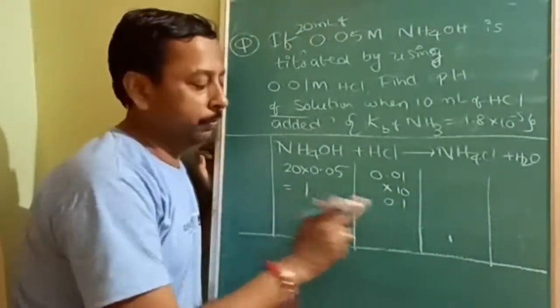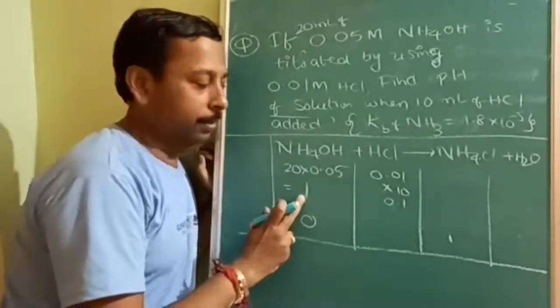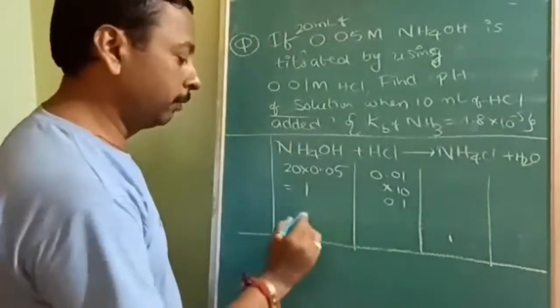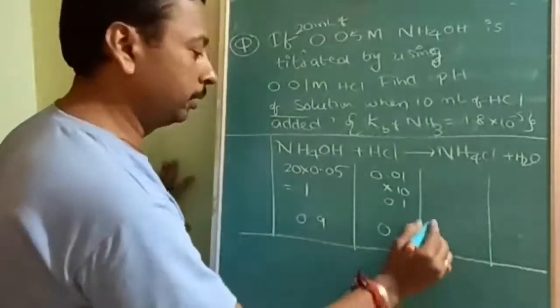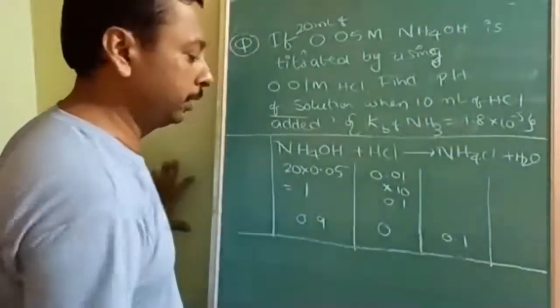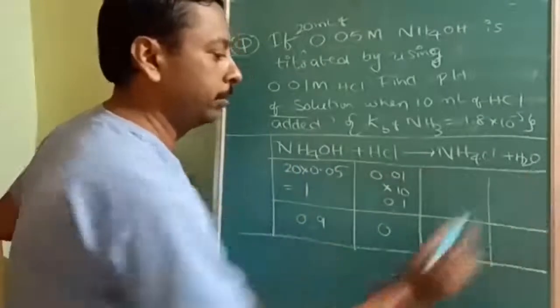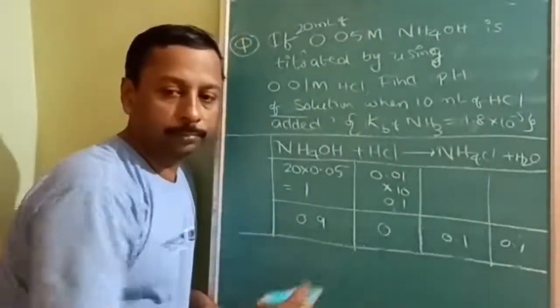HCl is 0.1 and this will be 1 only. So this is going to be left over now: 0.9. This is 0. And this is going to be 0.1. Is it clear now? Is it okay as of now? This is 0.1.